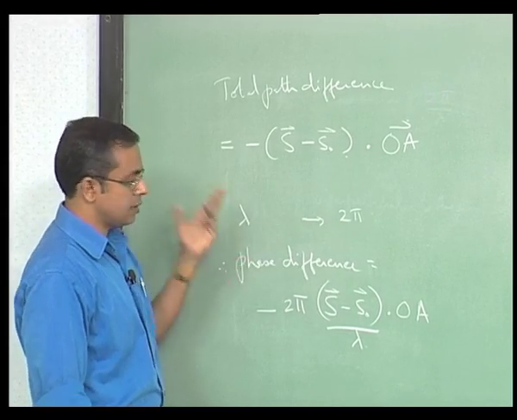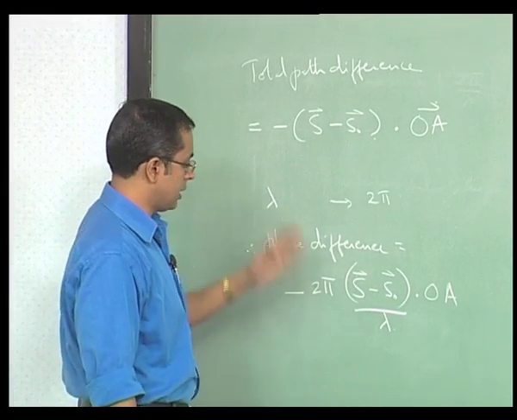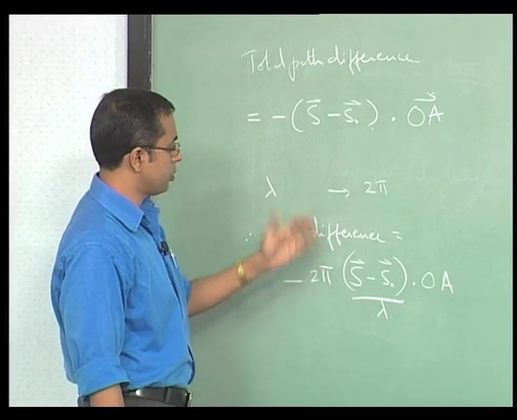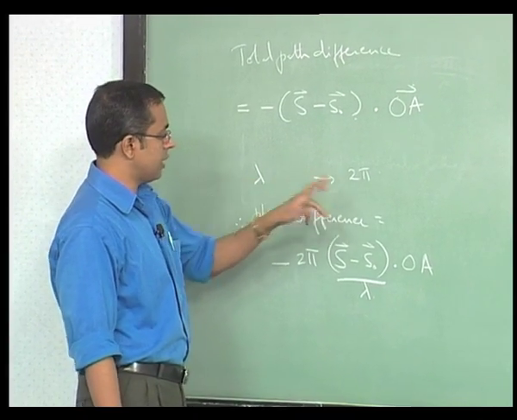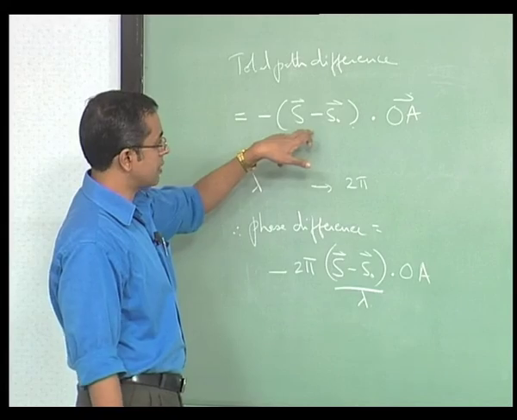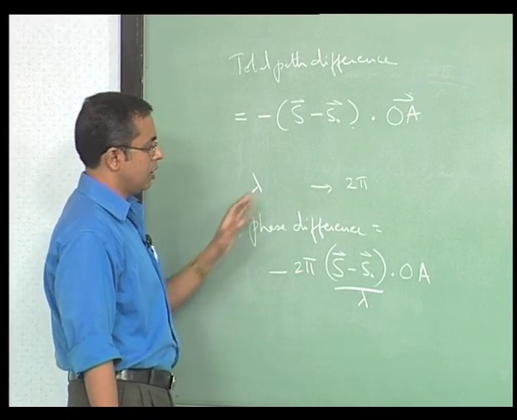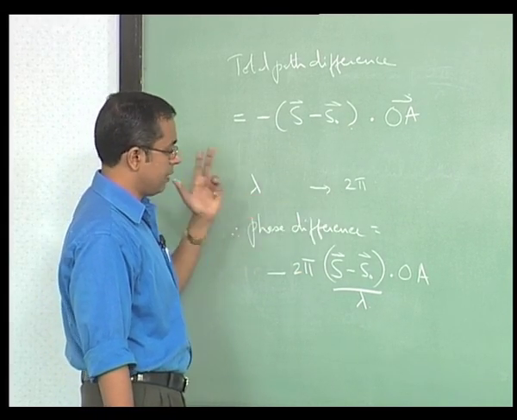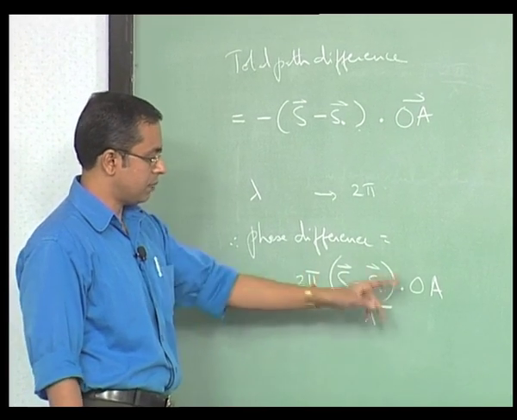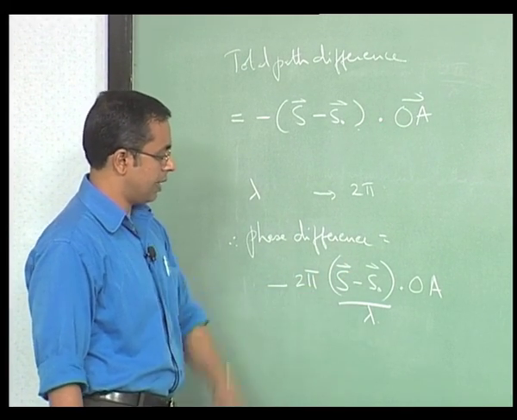It is just a matter of proportions. A path difference of lambda gives us a phase difference of 2 pi, therefore a path difference of this gives us this phase difference: this path difference times 2 pi divided by lambda. So that is the phase difference.